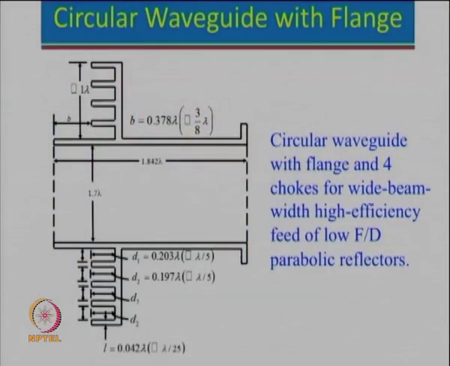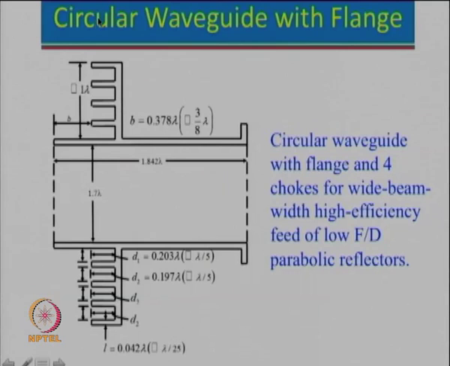Now we want to show you another configuration. This particular thing you can't really call a conical horn antenna. It is more like a circular waveguide with flange, but the purpose is somewhat similar to the conical horn antenna.